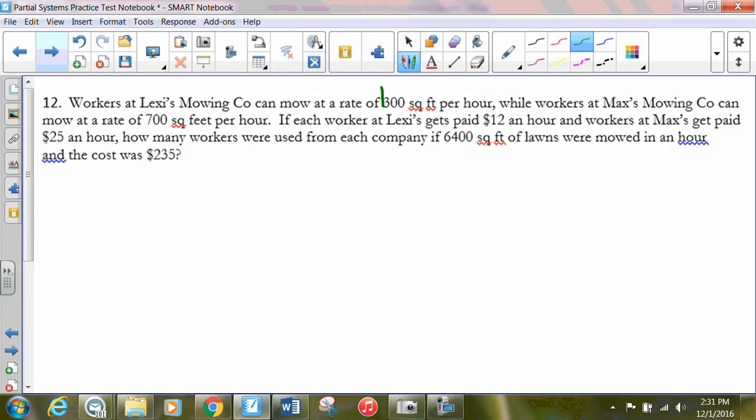We've got square footage, so we've got 300 square feet, 700 square feet, and 6,400 square feet. We know that 6,400 square feet is going to be our total. A lot of you don't like it when I use the L and the M, but I'm just doing that to make it more applicable to the word problem.